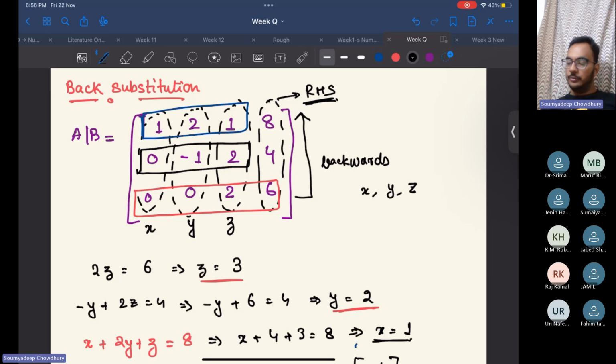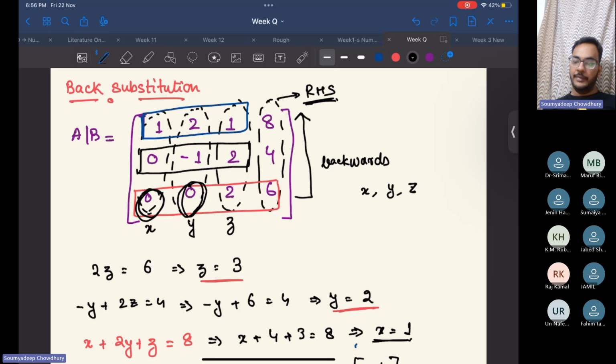See, in the last row, the element corresponding to x is 0, and in the second column, the element corresponding to y is again 0. Only the element corresponding to z is 2 and the RHS is 6. So we start from the bottom, because in any upper triangular matrix, the last row will have all entries 0 except the last element.